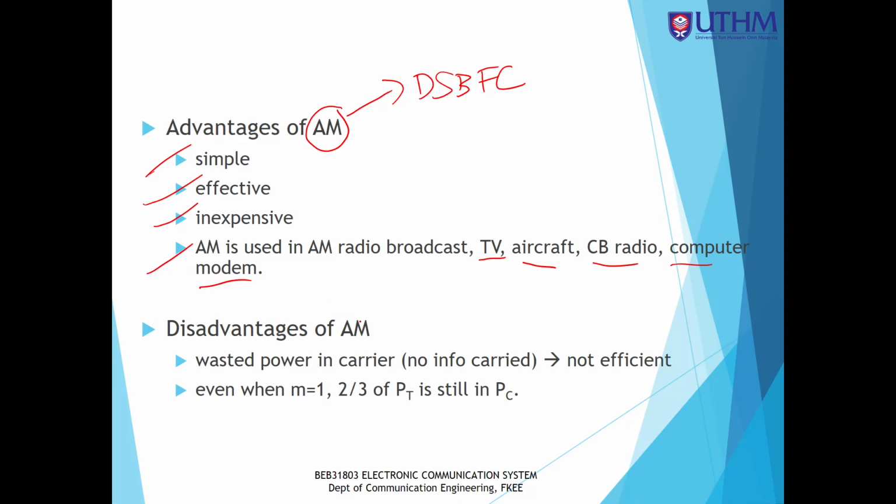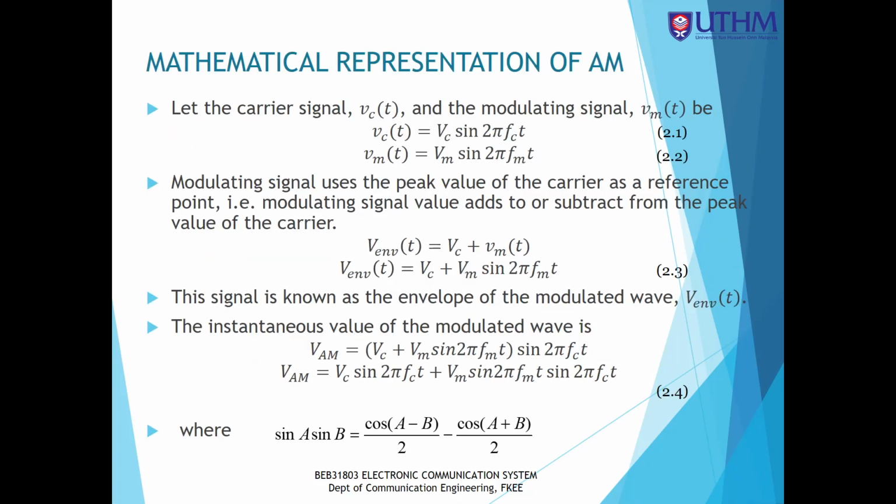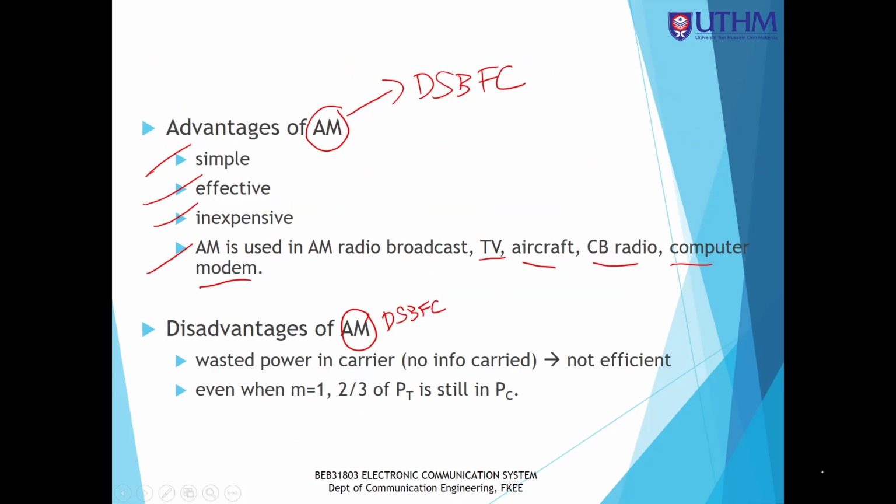Disadvantages of double sideband full carrier, DSB-FC. What are the disadvantages? Double sideband full carrier wastes power in the carrier component, because it does not carry any information. You will see about this later. Because of this, it is categorized as not efficient in some applications, not all applications.